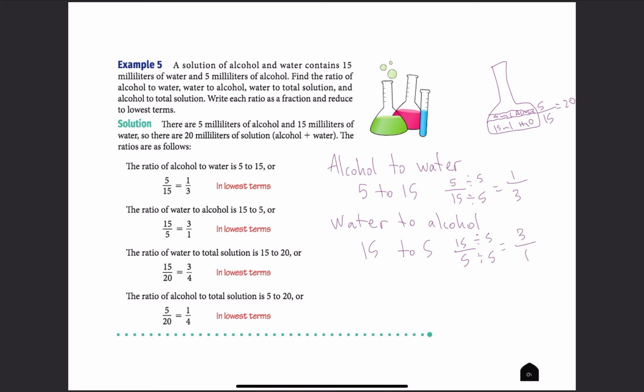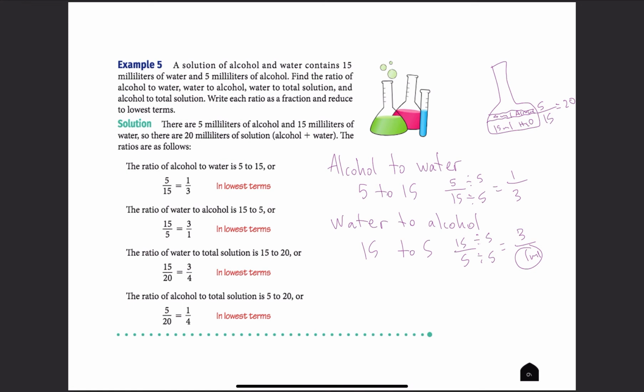Now notice we're not going to write this as 3. We're going to keep this as 3 over 1 because it's important that that 1 mil of alcohol for every 3 mils of water be accounted for. So we're going to leave this as a fraction in this case, and we're going to resist the urge to reduce. So hopefully that shows you an application.